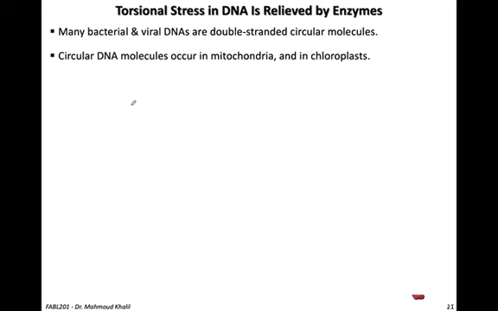One of the important behaviors of the DNA that happens during the process of transcription and translation is the torsional stress. What is torsional stress? Actually, you need to understand that many bacterial or viral DNA are double-stranded circular molecules. These circular DNA molecules also exist in mitochondria and in chloroplasts of the plants.